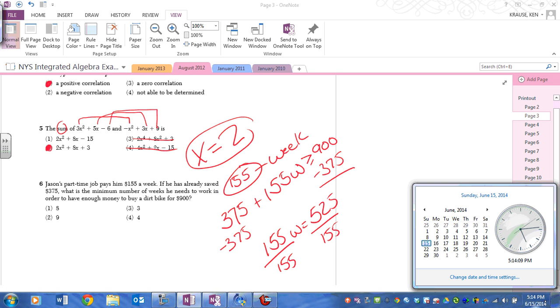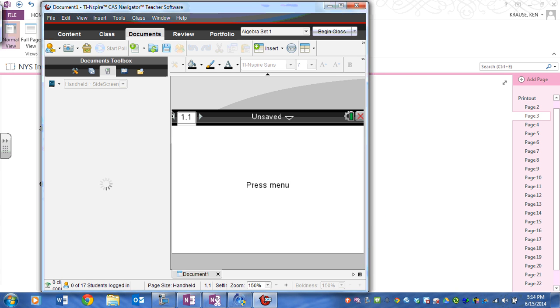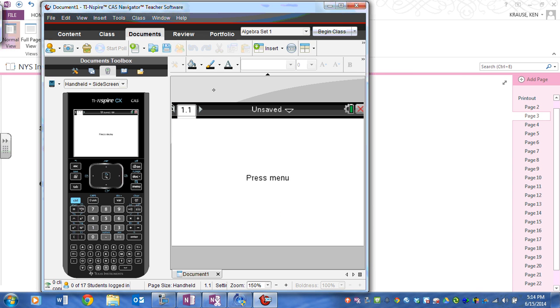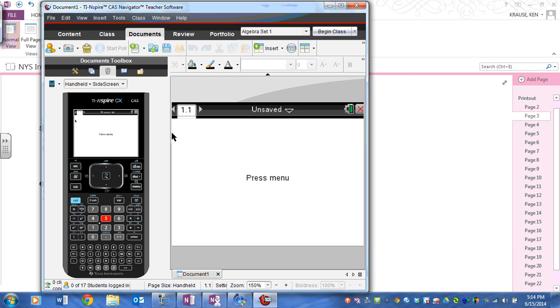Again, we're still lacking a calculator for some reason. There it is. All right, here we go. So 525 divided by 155. That's not very good.